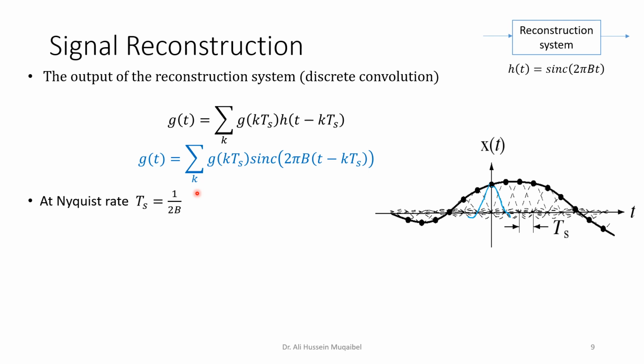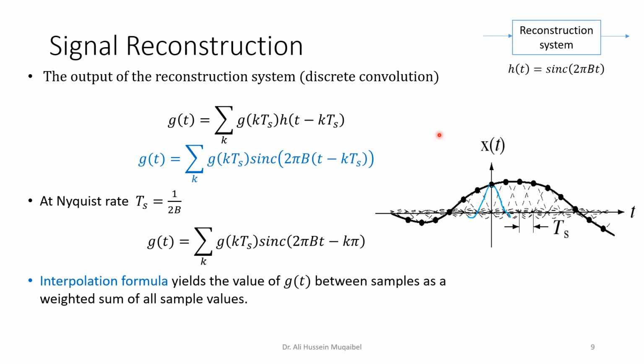A special case, of course, if we have been doing things at Nyquist rate, if you want things to look simpler, we can open this bracket, and in this specific case, we can write it in a short way because 2B times Ts is going to be 1. What remains is k times pi. So let's say that this is more general, and here is just for the case of Nyquist rate.